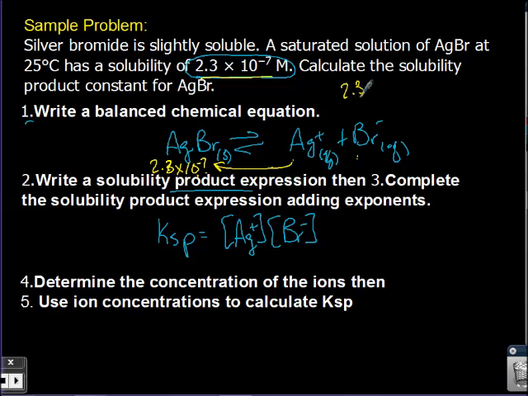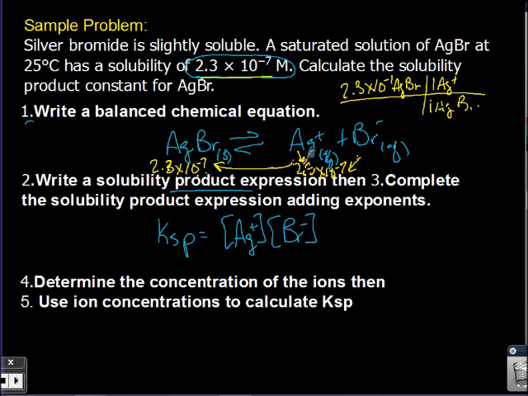And I'll show you this, 2.3 times 10 to the negative 7th AgBr, just like we did in stoichiometry, where we had 1 Ag plus for every 1 AgBr. So I still get the same number, 2.3 times 10 to the negative 7th for both of those.